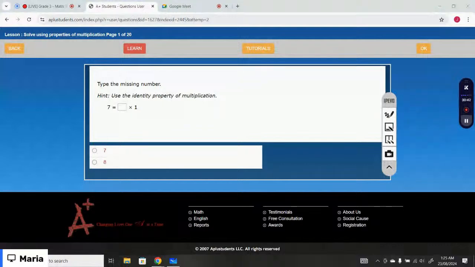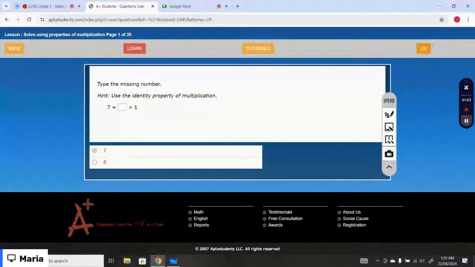So 1 times what number is 7? The correct option is 1 times 7 is 7, right? So the correct option is 7.